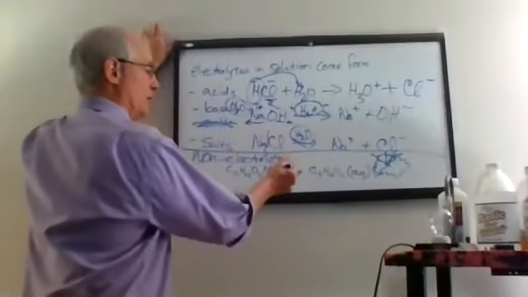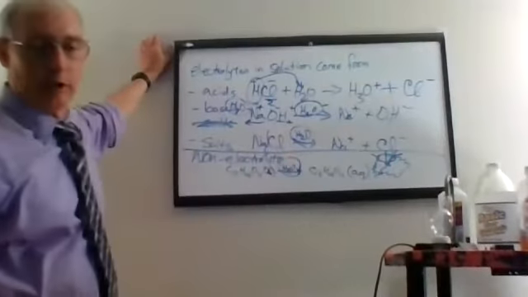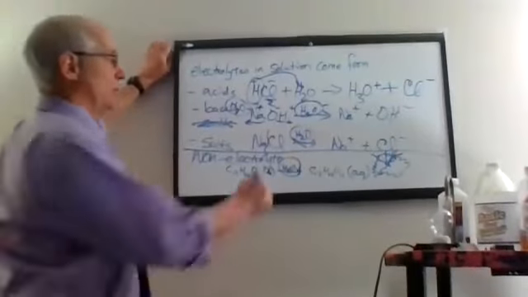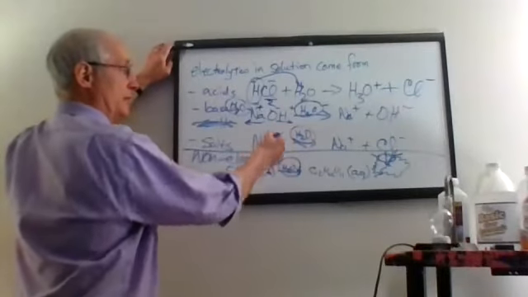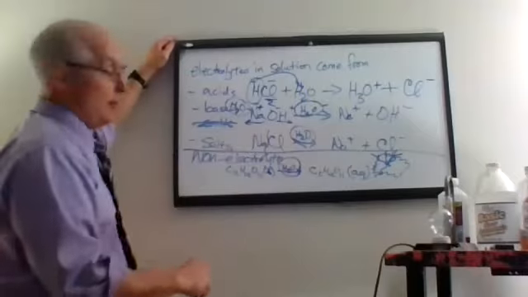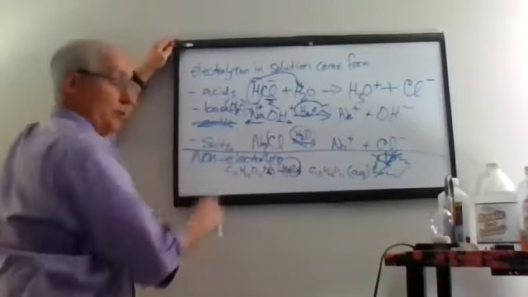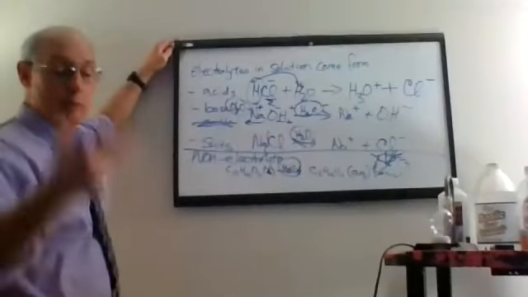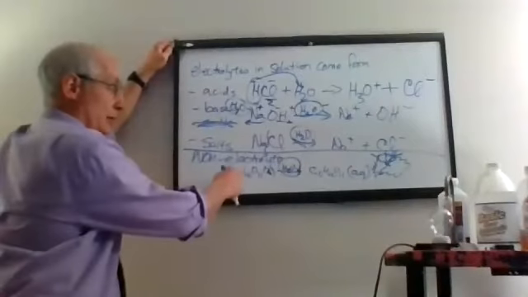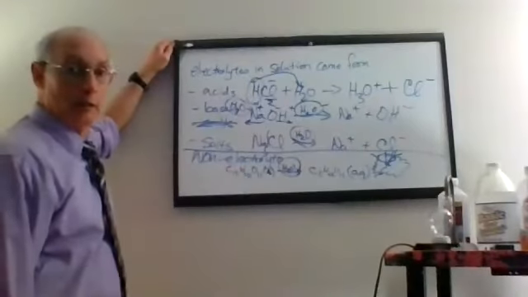So even though the water is polar, it cannot pull apart the molecules. But it can pull apart ionic bonds because it's electricity with electricity. But this is not. This is electricity with covalent bonding, sharing bonding. Remember, we discussed that before. Non-metal with non-metal.